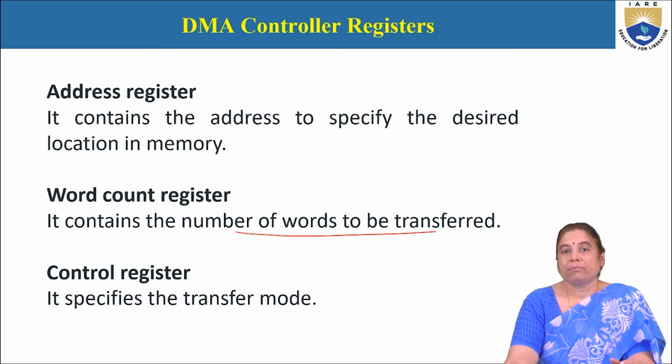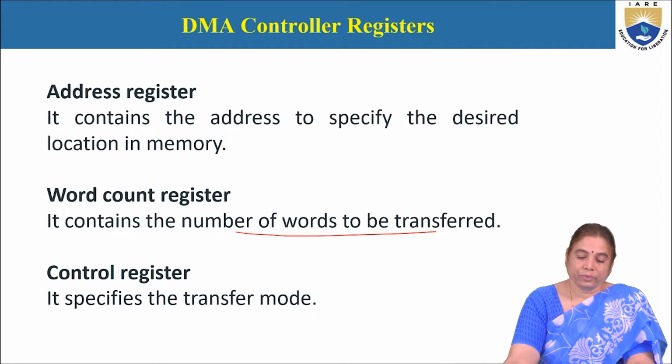Why? Because there, after one byte of data transfer is completed, the DMA has to release the buses. So with the help of the word count register, which maintains the number of words to be transferred, the status of data transfer can be identified by the DMA.